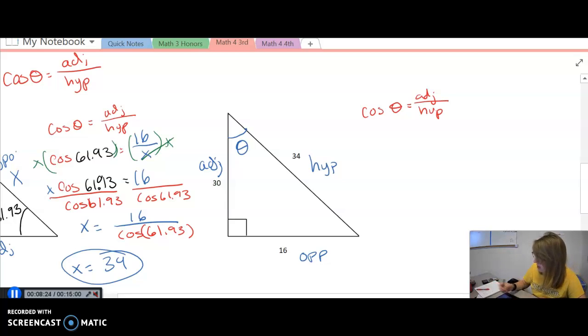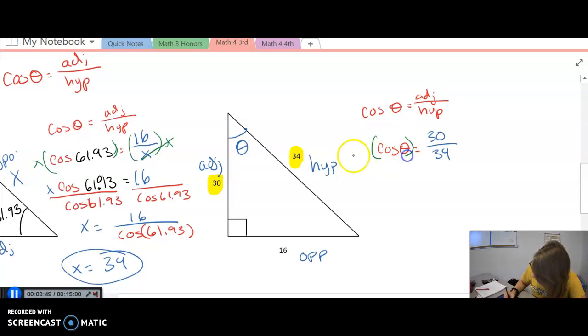So I already wrote it down. Cosine of theta equals adjacent over hypotenuse. So we know cosine of theta, and then adjacent, well, adjacent we labeled as 30 over my hypotenuse, which was 34. Okay, and then from here, like we did before, we're going to take the inverse cosine.